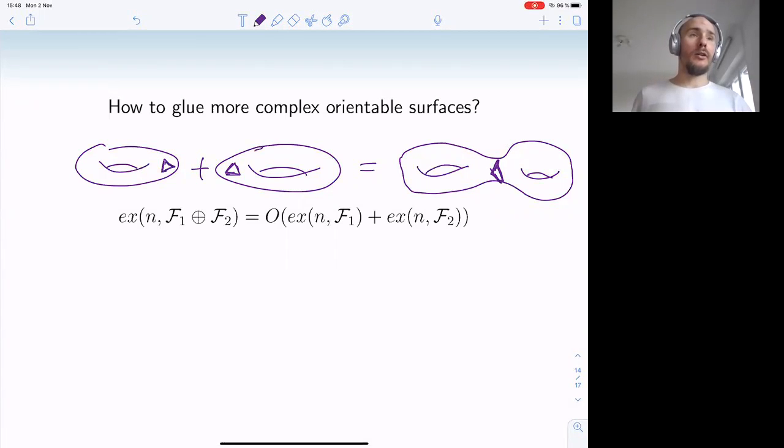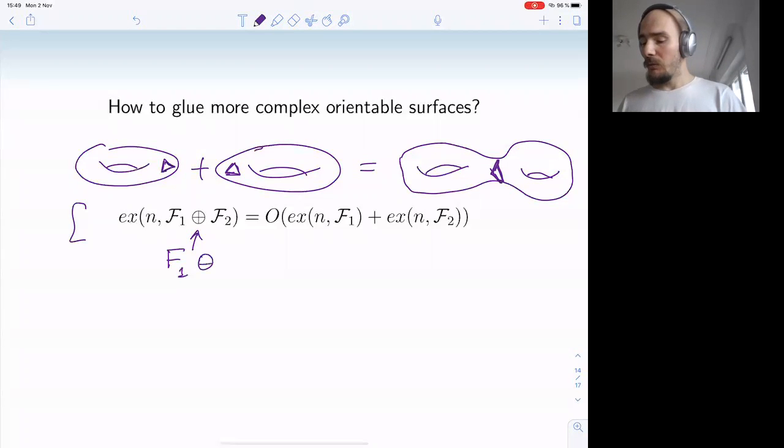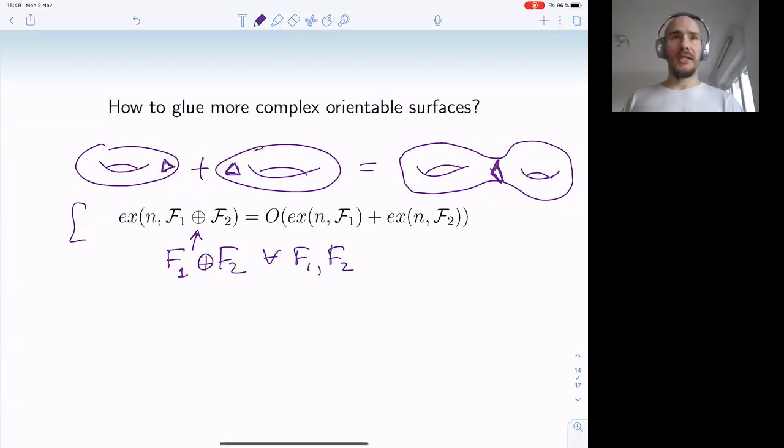Currently, we can make a much more general statement of this type. You take any two families of uniform hypergraphs, and what you would do is exactly that. You take any pair of, I have to explain this sign. It means basically F1 plus F2 for every F1, F2, and this is how we construct this family. And what does it mean for two given hypergraphs?